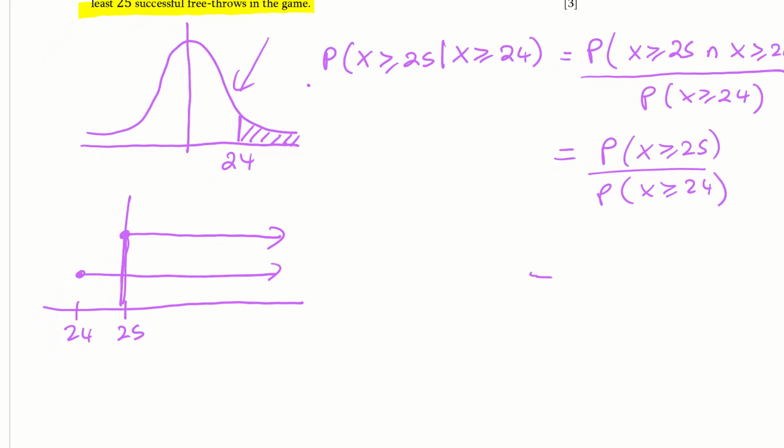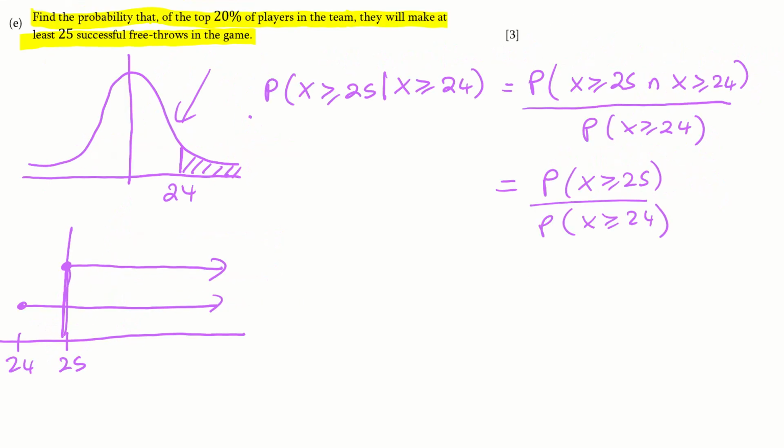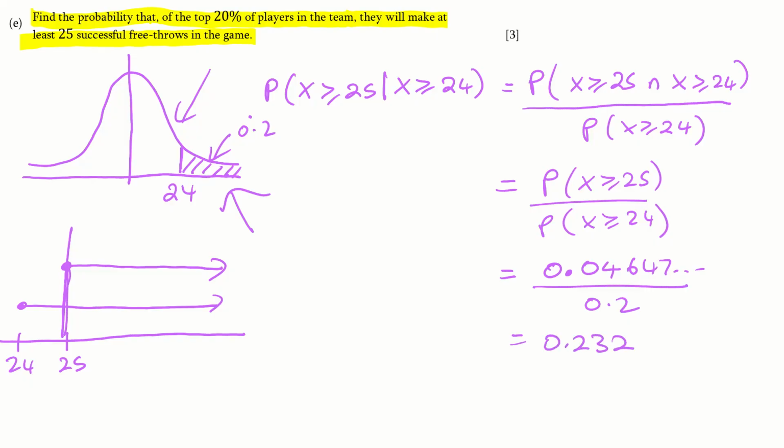And this is just calculator work. So if we do the x is greater than or equal to 25 with the values we have, we get 0.04647 and so on. We know the bottom is 0.2. We were given that earlier on in the question. And so that comes to 0.232 if we round to 3 sig figs.